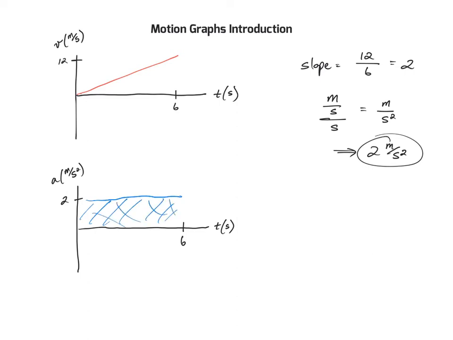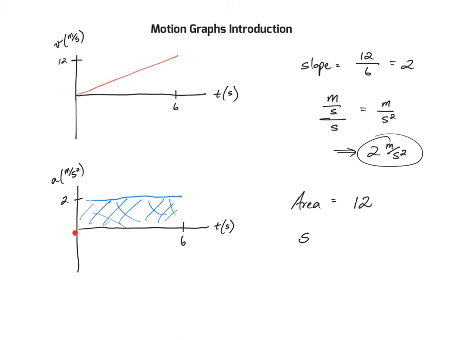So now, again, similar to the last slide, I'm going to ask us to find the area of this shape. Again, it's a rectangle, so I'm going to take base times height. So my area here is going to be 6 times 2. That's going to give me 12. Again, hitting the units. So my base units are seconds.